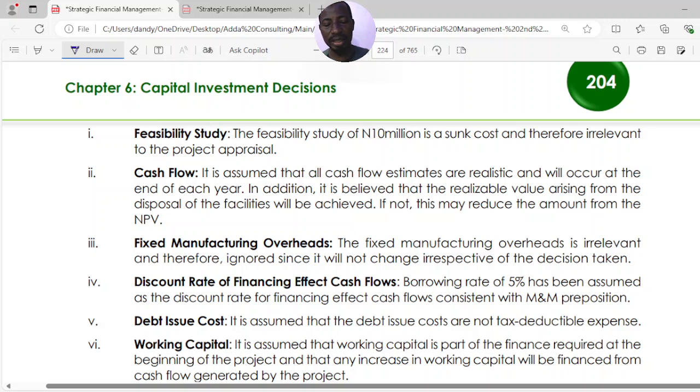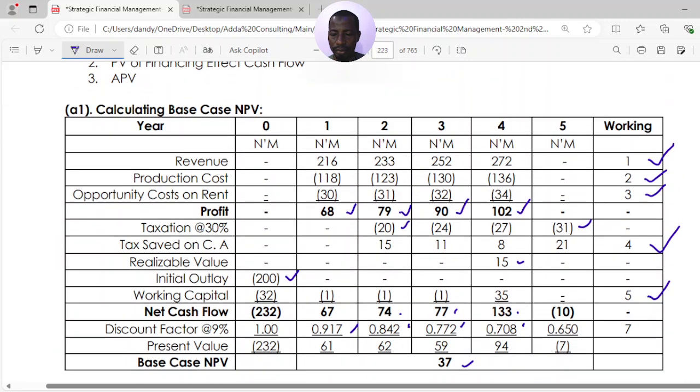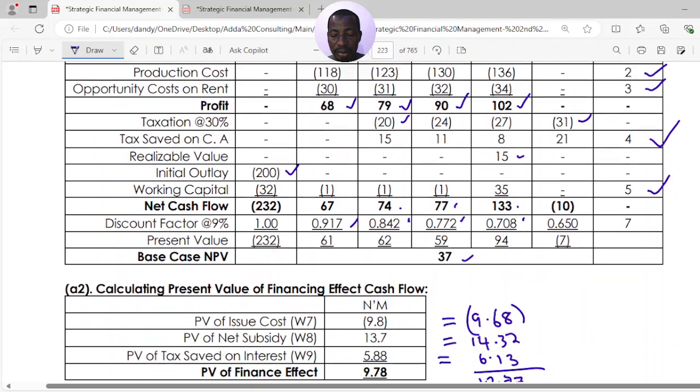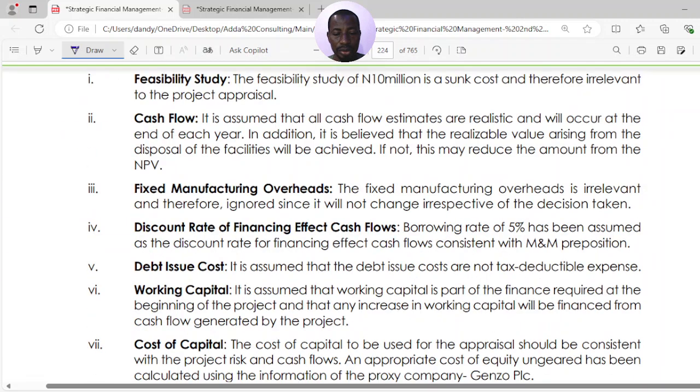There's a realizable value of about, sorry, 15 million naira. So it is believed that it will be achieved. Otherwise, the decision to accept the project may change as a result of that. So if not, this may reduce the amount from the NPV.